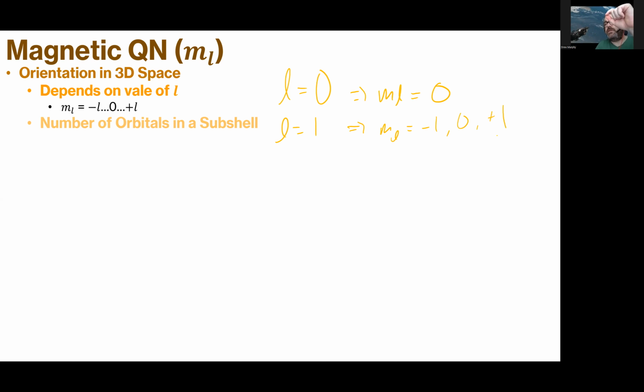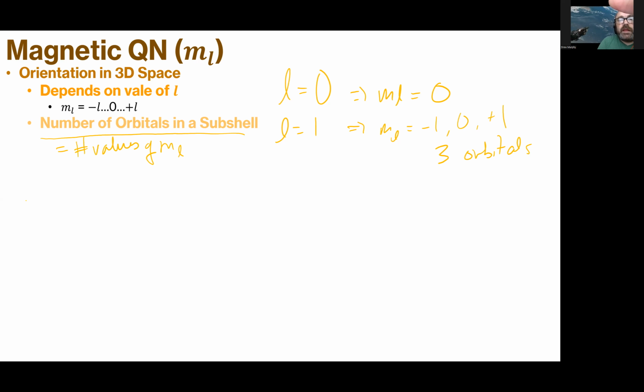Now this tells us some stuff here. There are 3 different ways to orient whatever an L equals 1 orbital looks like, and we'll see those later. Because there's 3 ways to do it, there are 3 orbitals in the subshell. So the number of orbitals in a subshell is equal to the number of values of m sub L. So here we have 3 orbitals in that subshell.